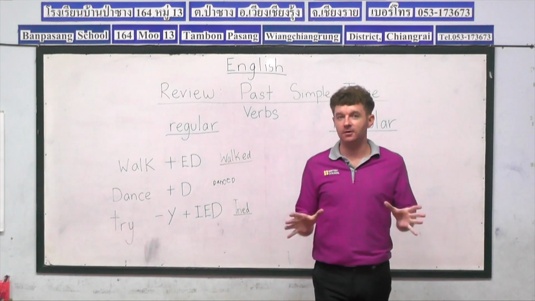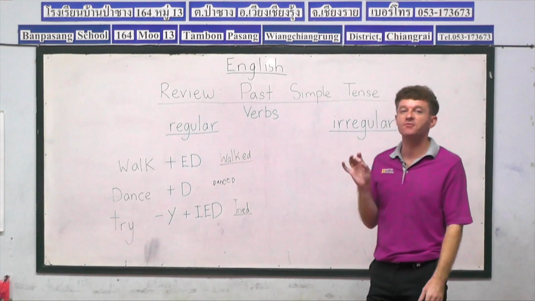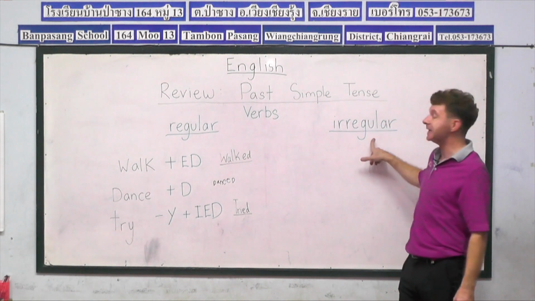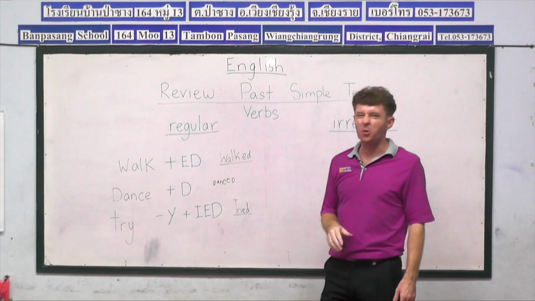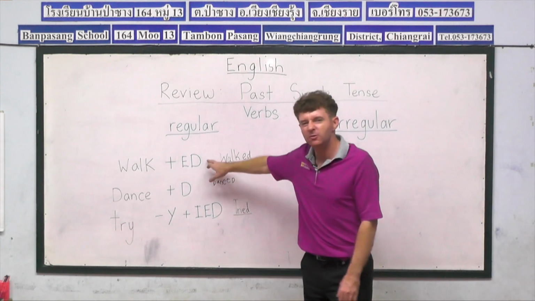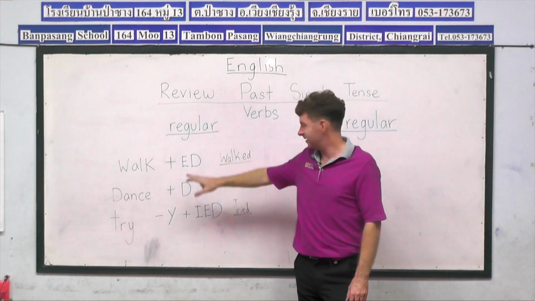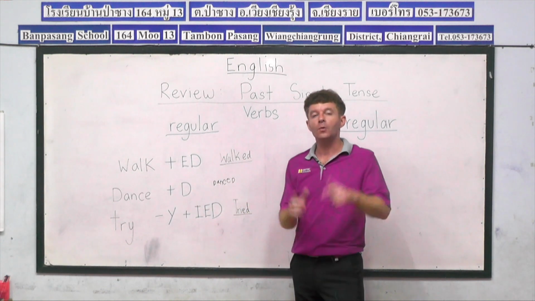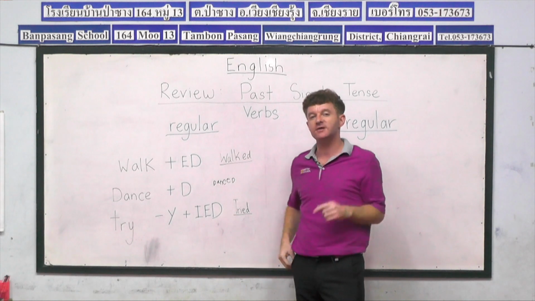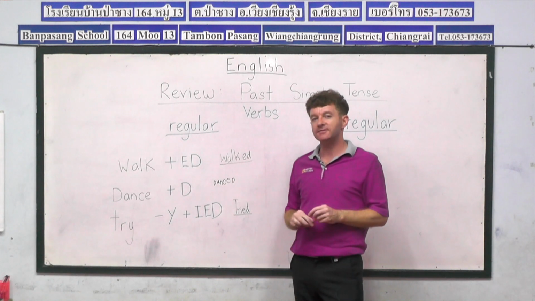But unfortunately, in English, we have verbs that are irregular verbs. Yes, not normal. This means we can't just use ED, D, IED. We have to remember the words because they change. Now, I'll give you an example.